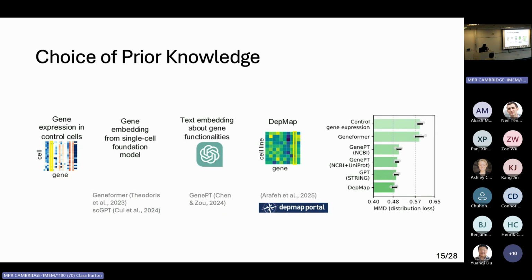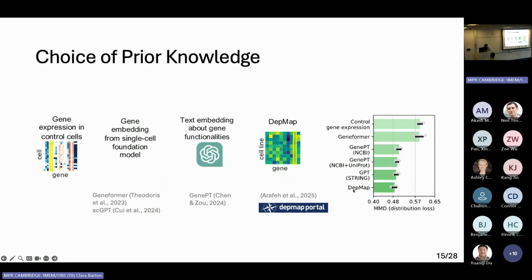This is one test we've done on a genome-wide screen on cancer cells. This is measuring distribution loss, MMD, so lower is better. It measures how much the predicted perturbed distribution looks like the ground truth perturbed distribution. The text embeddings are in between here, GPT, GPT, and so forth, and they do quite well compared to using single cell foundation models or the very simple baseline of using the control gene expression.